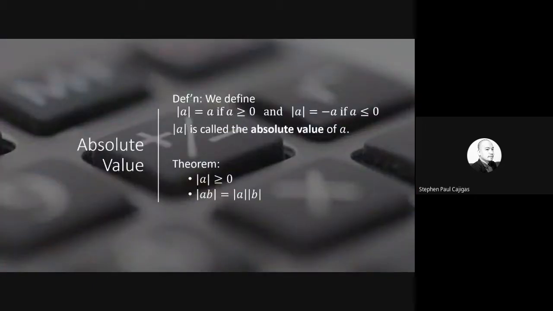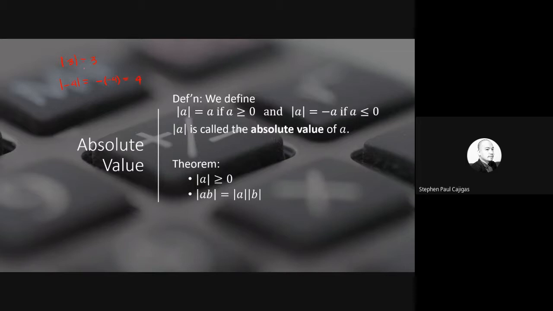Then we have the definition of an absolute value. So the absolute value of A, if A is positive, is just equal to A. And if A is negative, then that is equal to the negative of A. So of course, the absolute value of 3 is equal to 3. The absolute value of negative 4 is equal to the negative of negative 4, which is just positive 4.